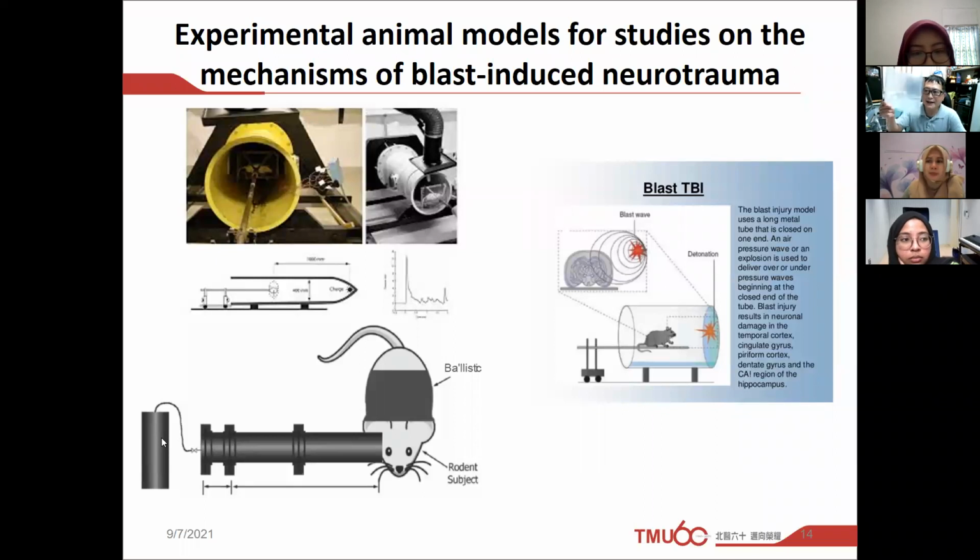Eventually, it's going to break this plastic paper or glass, which makes a huge sound. And the animal is on the other side. What happens? The explosion induces brain injury in the animals. And using this way, we're working on the mechanism, we're working on drugs which can reduce it, for the treatment of brain injury.